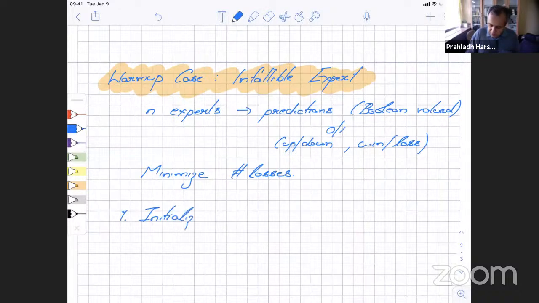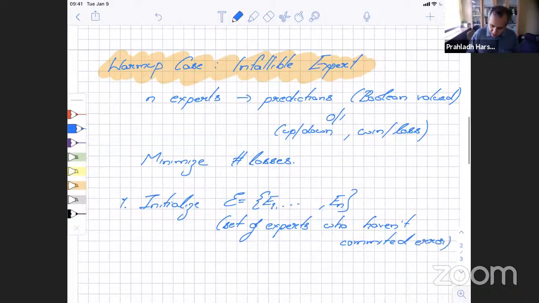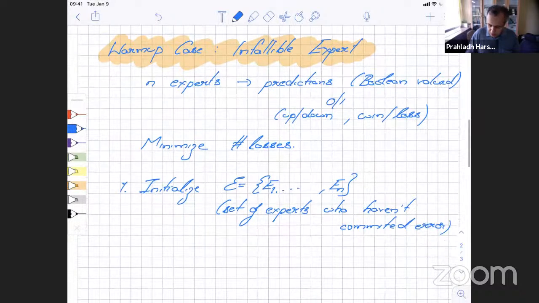So E is the set of all experts which up to now have not made mistakes, the set of experts who haven't yet committed error. Then that's the initialization.